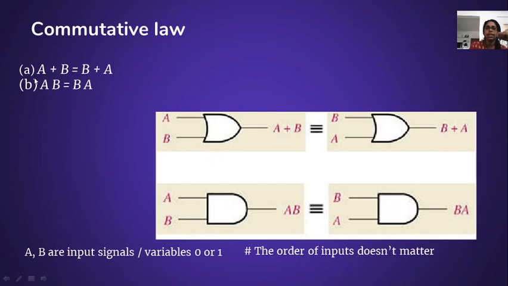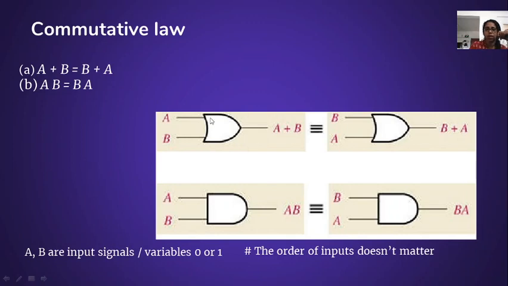Let's see the first law: A or B equal to B or A. On the left hand side we require an OR gate whose inputs are A and B. The first input is A and the second input B. So this is the OR gate. What will be the output? This is A or B.